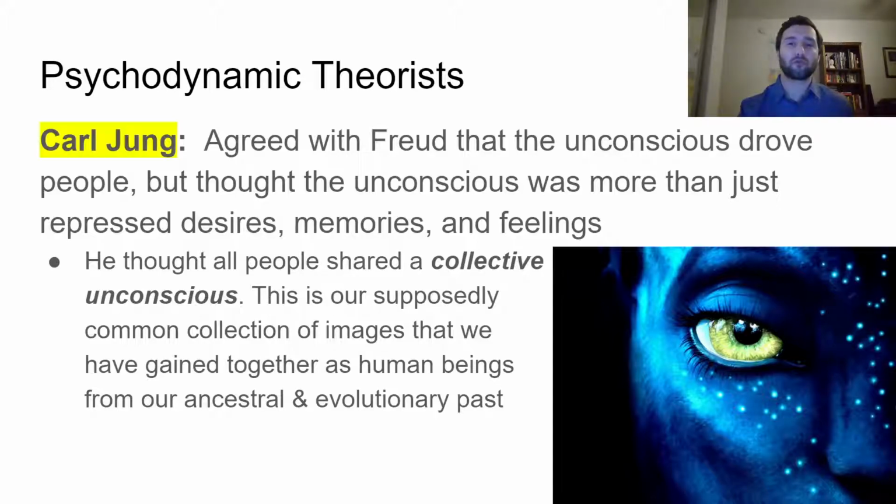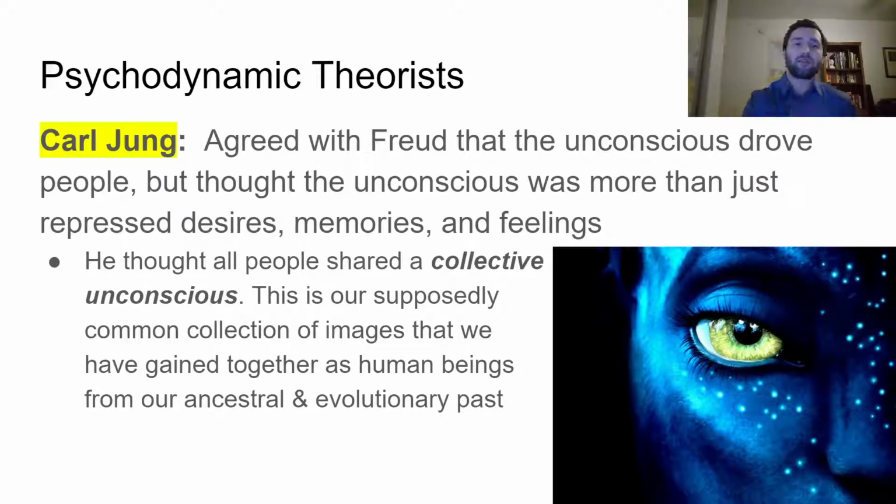He agrees with Freud in that aspect. But he thought the unconscious was more than just repressed desires, memories, and feelings. So Jung believes in what is called a collective unconscious, that basically there is a common unconscious that we all share as human beings.